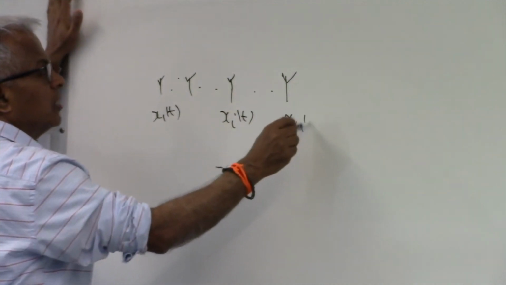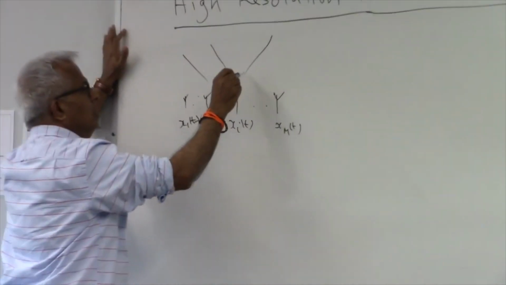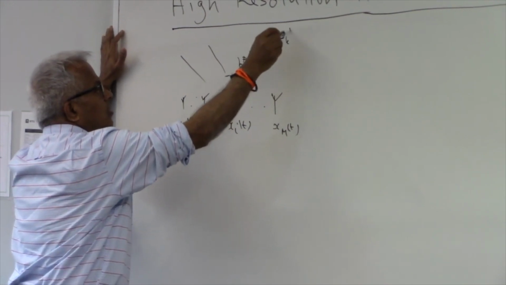Let's say M sensors, and you have a bunch of sources, right? Source S_k of t.